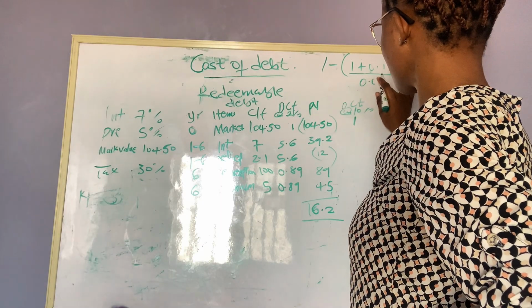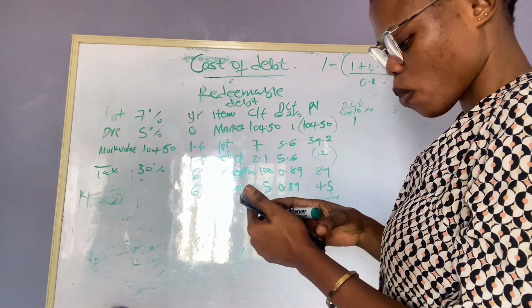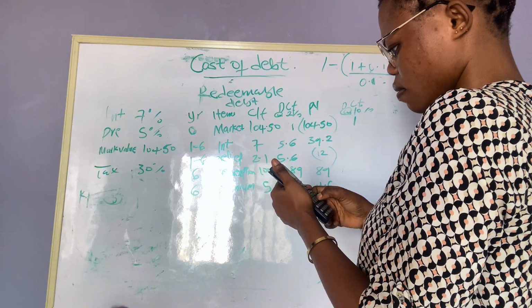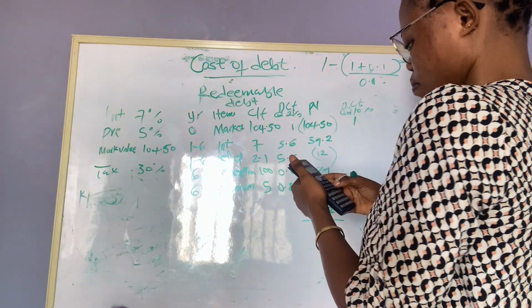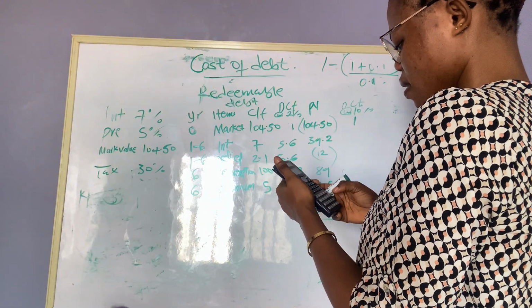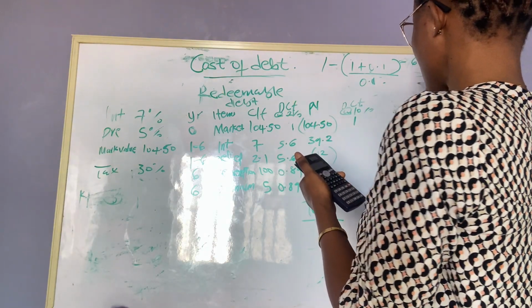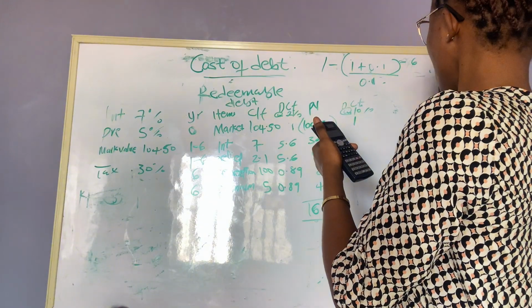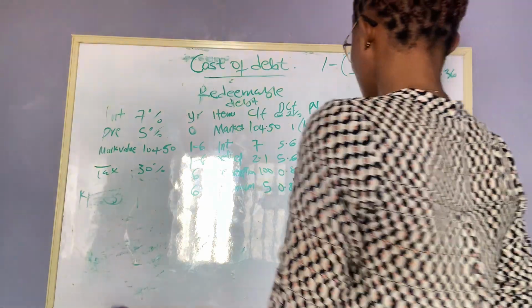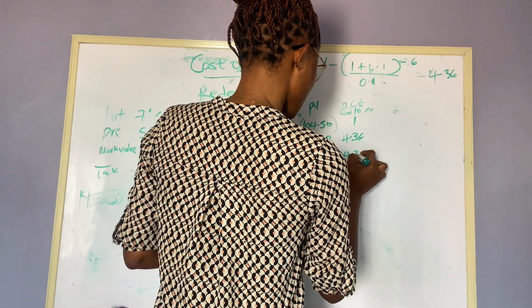So 1 minus 1 plus 0.1 brackets raised to power minus 6, divided by 0.1. It's going to give us 4.36, right? So we say this one is 4.36.